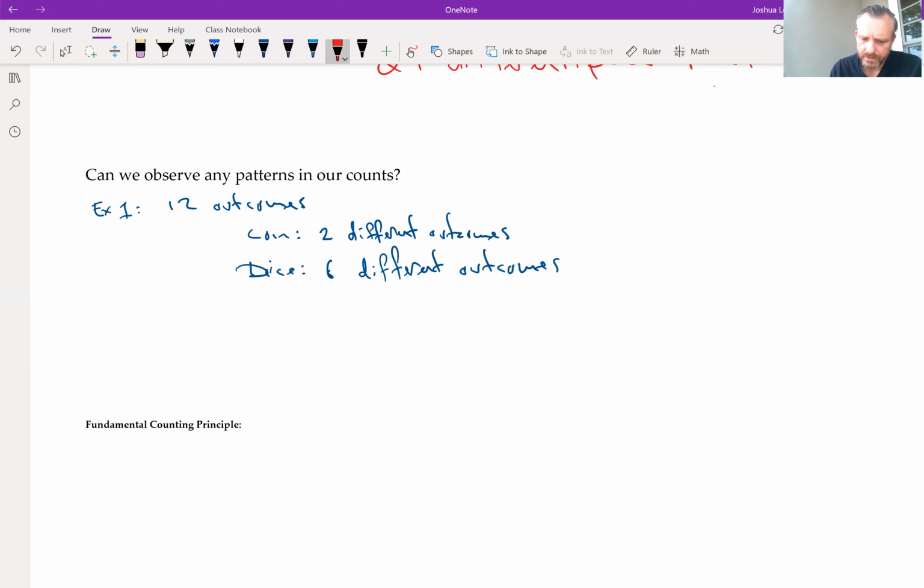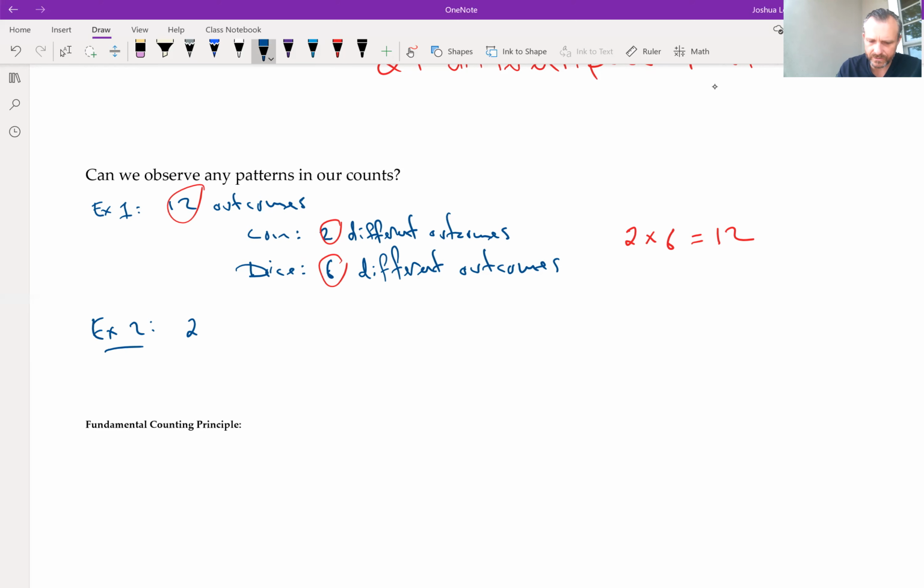So we had 12 total. The coin was 2 by itself. The dice was 6 by itself. 2 times 6 equals 12. Huh.